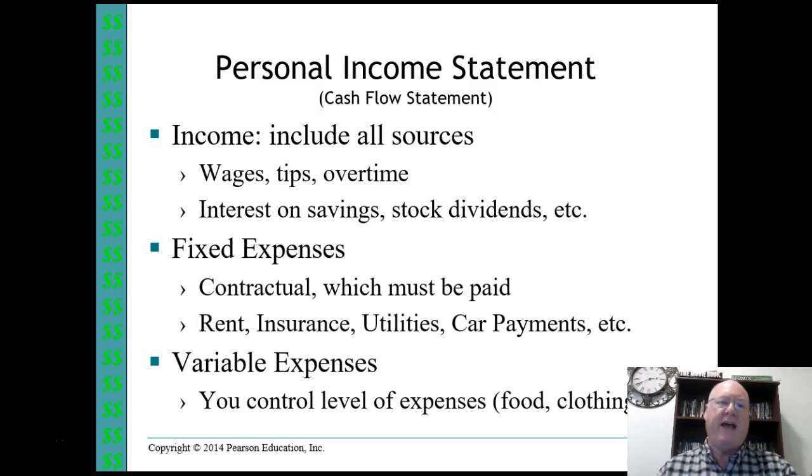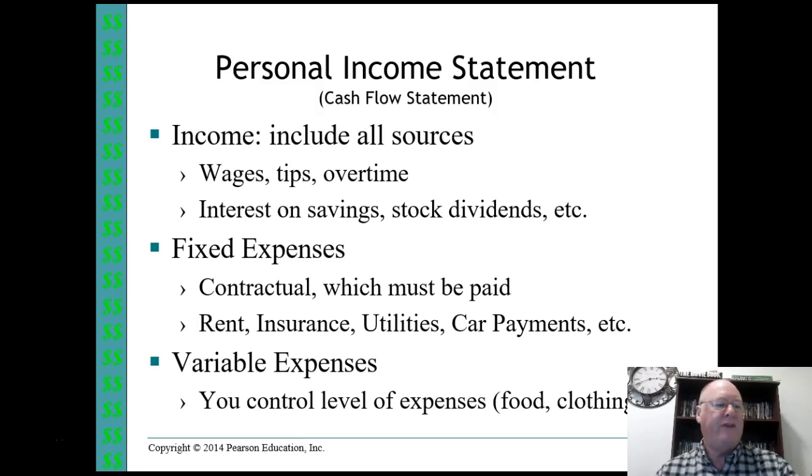Then you're also going to be capturing your cash outflows, which include fixed expenses, which are contractual in nature and must be paid. These fixed expenses might be written contracts, oral contracts, or implied contracts. Examples of fixed expenses are rent or mortgage payments, your insurance payments for house and car, your utility payments, your car payments, et cetera.